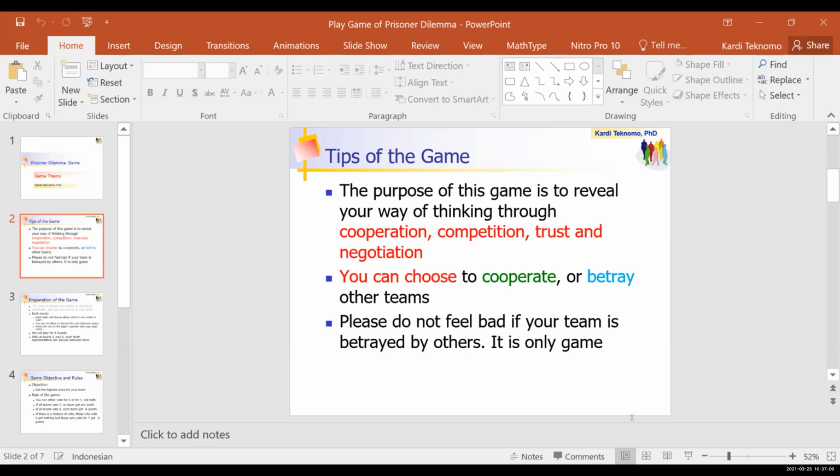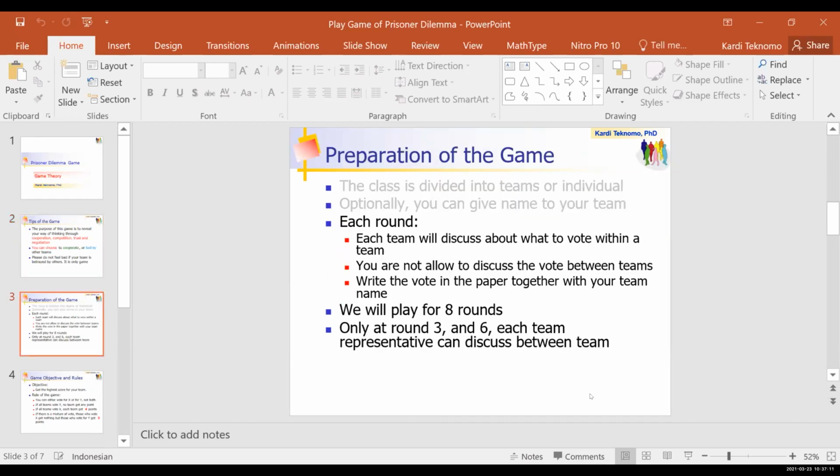Okay. Next. So the class is divided into team or individual. Optionally, you can keep the name, but because you are individual, you have your own name. Now this is the rule. We will have 8 rounds of play.